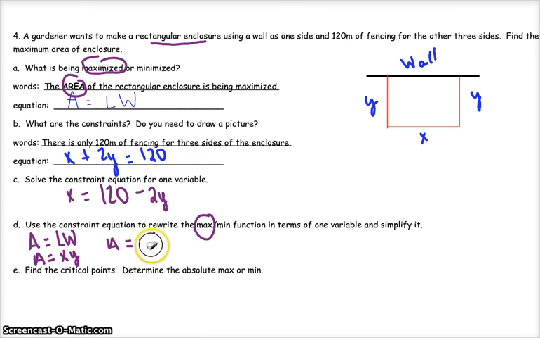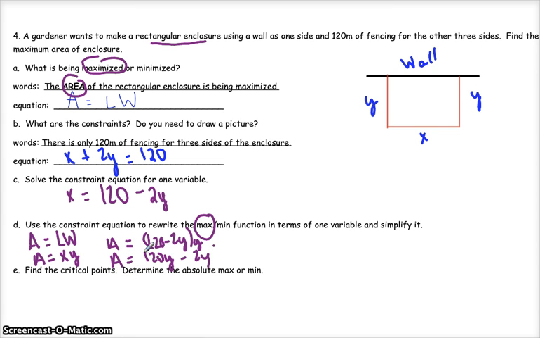Let me erase that and back up. In the place of X, I'll put 120 minus 2Y times Y.